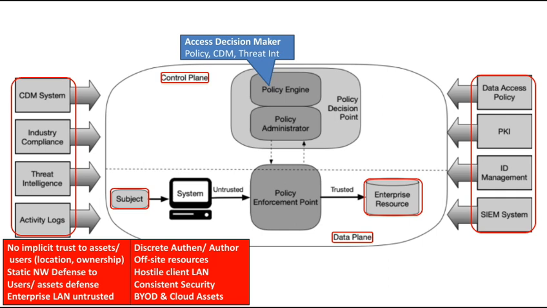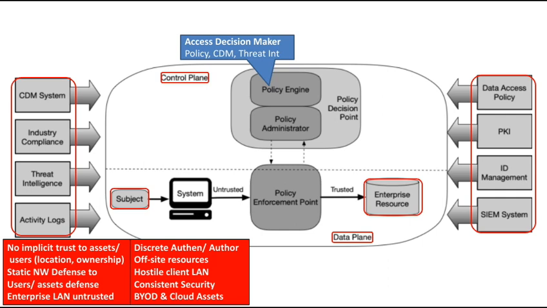The policy engine makes the access decisions statically and also dynamically based upon the information from external resources, for example the CDM, that stands for continuous diagnostic and mitigation system, and external threat intelligence sources.